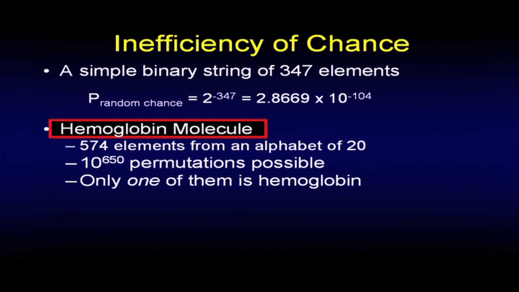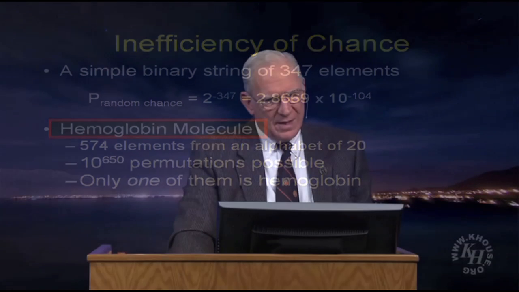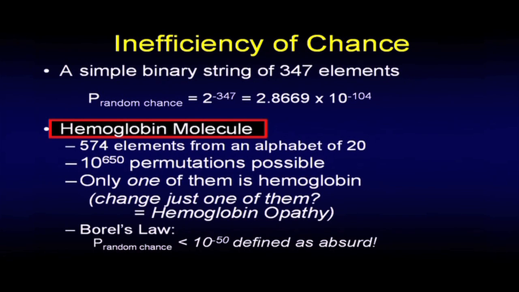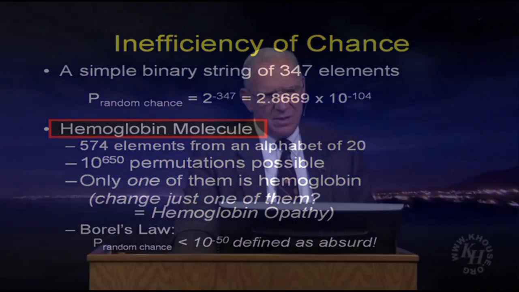Only one of them is hemoglobin. And if you miss it, you die. Heavy stuff. Remember Borel's law: anything with more than 50 zeros is defined as absurd. For hemoglobin to happen randomly is really, really, really absurd. Just as is my little example with these silly little beads, okay?